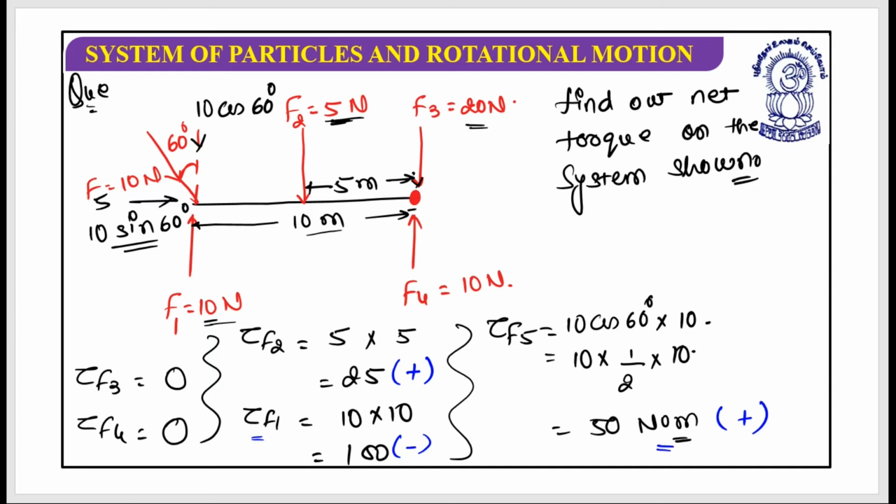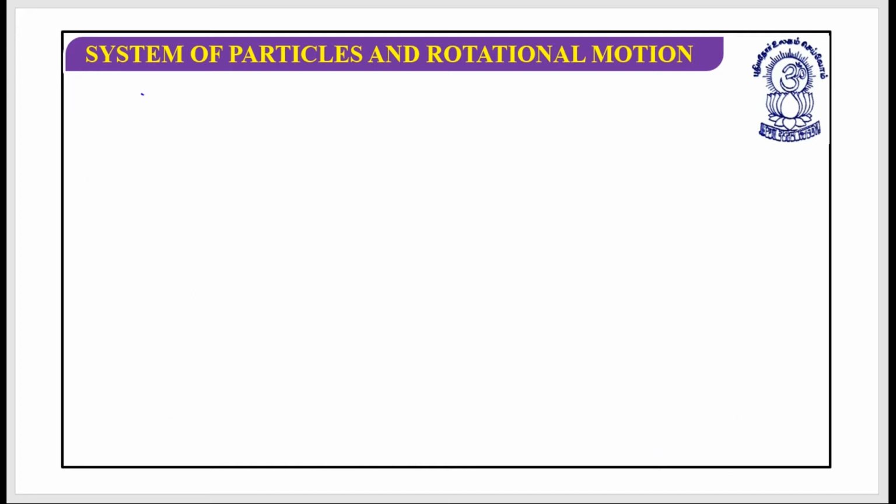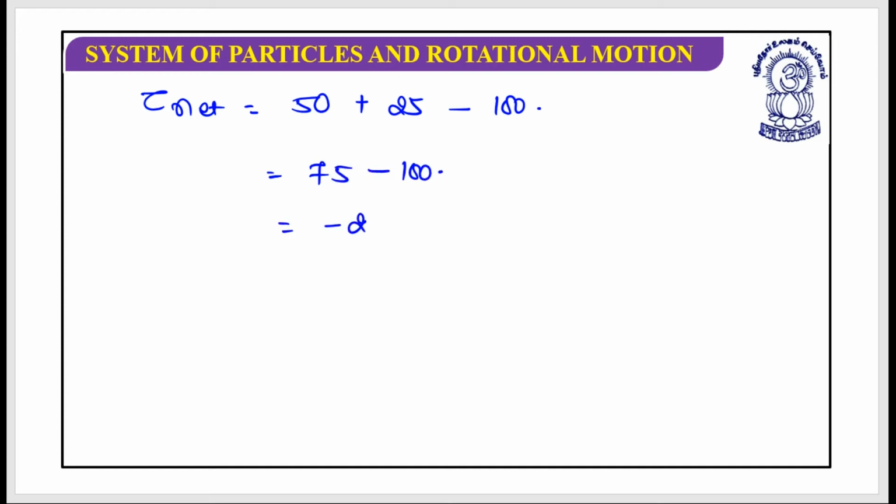So we have two torques that produce a positive effect, and one torque that produces a negative effect. That means it is rotating in clockwise direction. So let's find out the net torque. The net torque is equal to 50 Newton meter plus 25 Newton meter minus 100 Newton meter. This is 75 minus 100, that is minus 25 Newton meter.